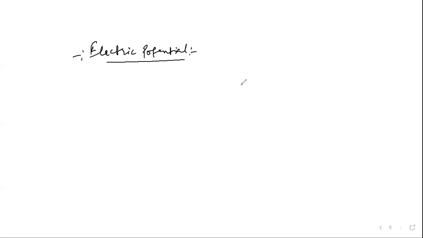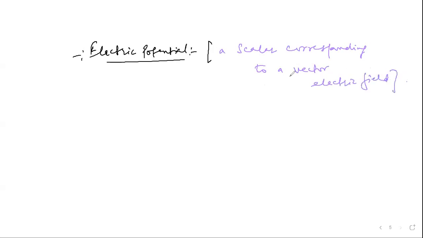Electric potential is a scalar corresponding to a vector, electric field, right? We have already discussed the idea of field.